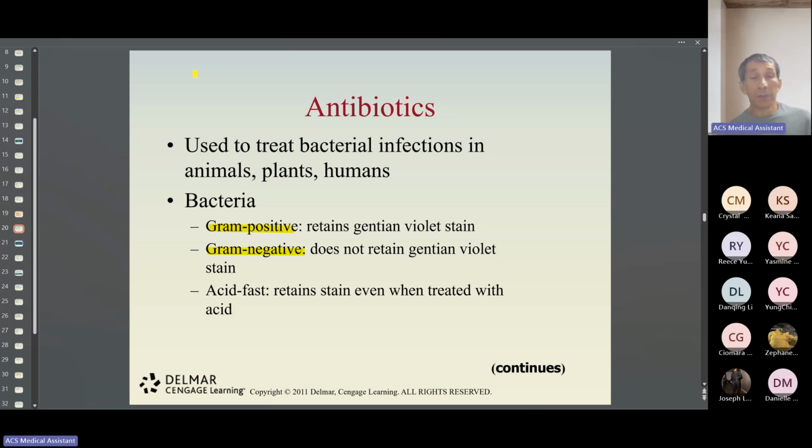So gram-positive, once again, is going to turn kind of blue. So immediately you see it: oh, wait a minute, this is gram-positive, this is Staphylococcus. It's not going to be as serious as gram-negative. That's going to be turning red. So that's basically what it is.